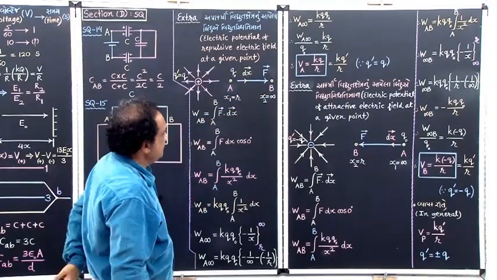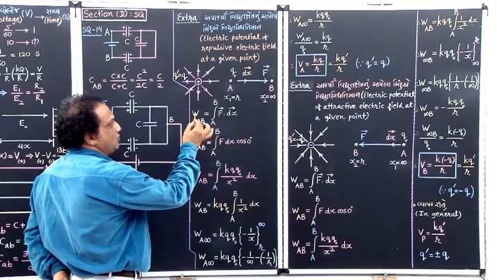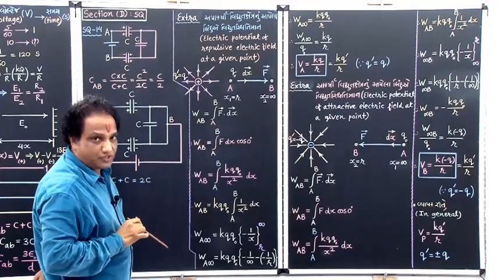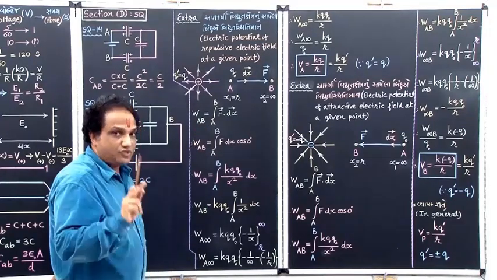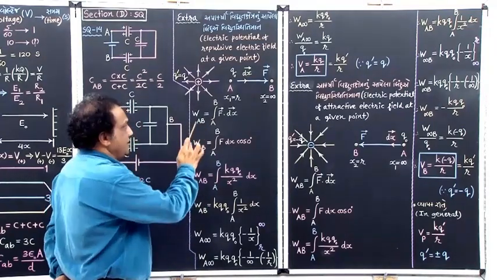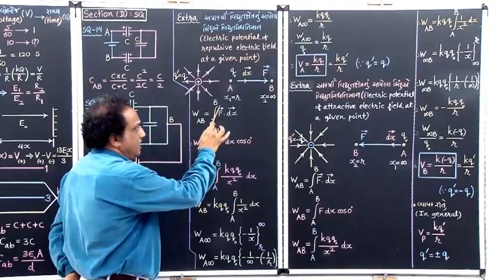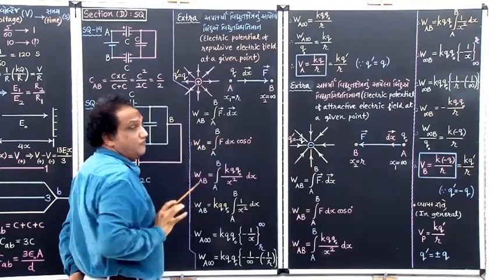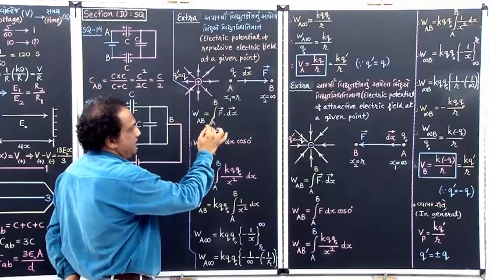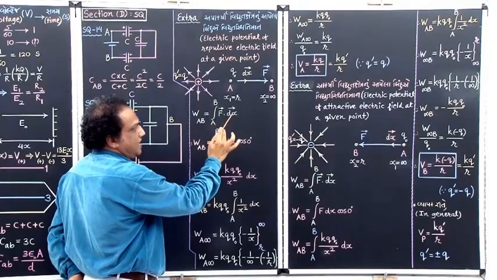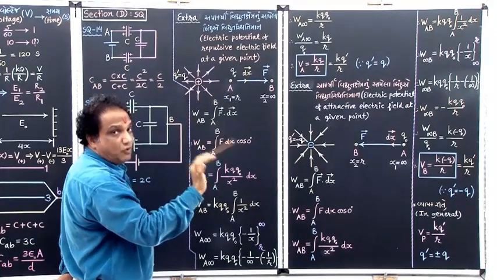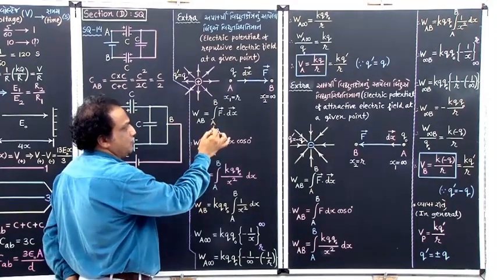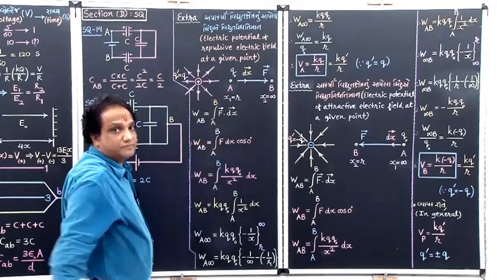Let us find out the amount of work done by the electric force as the test charge moves from A to B. As you have studied in 11th standard, it can be found from the line integration of the electric force over the path of motion from initial position to final position.